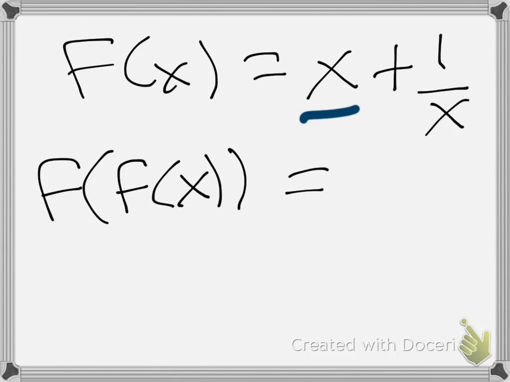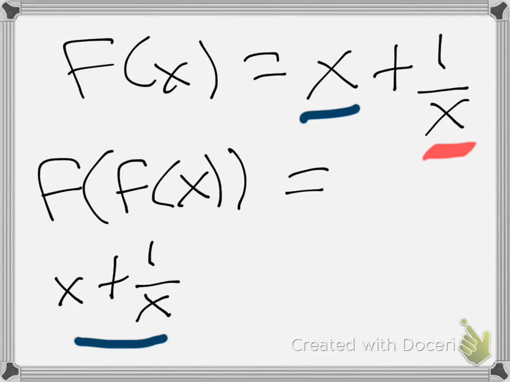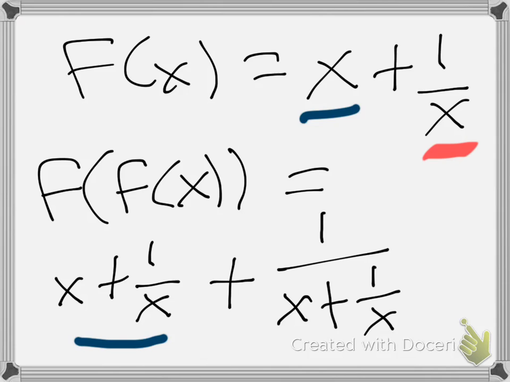So the first x is going to just become x plus 1 over x. And then the second time I see x, which is in that denominator, I'm going to change that whole thing to x plus 1 over x, right there.